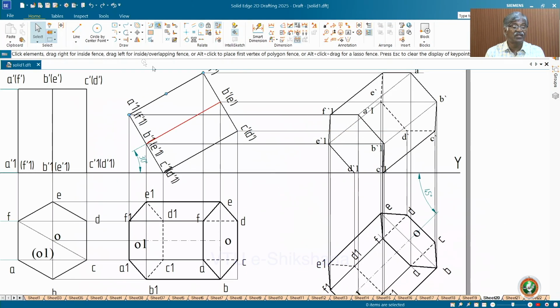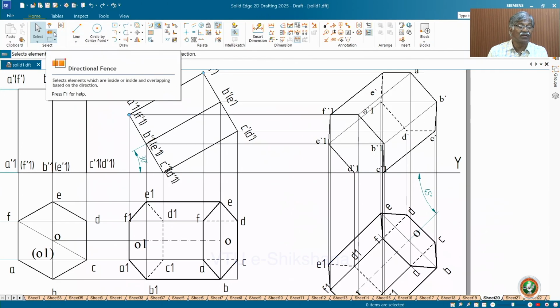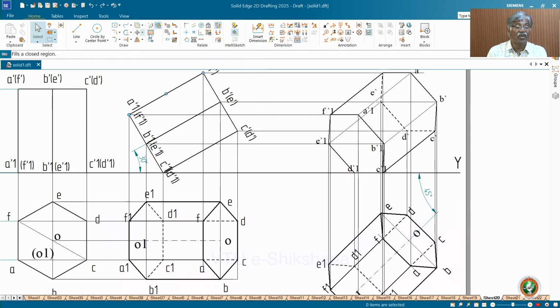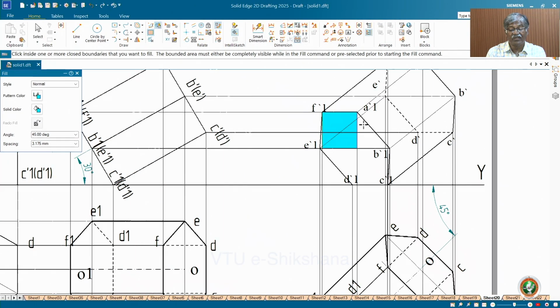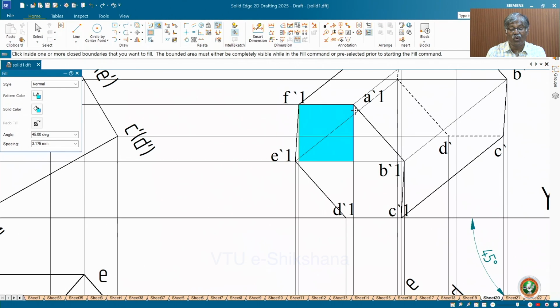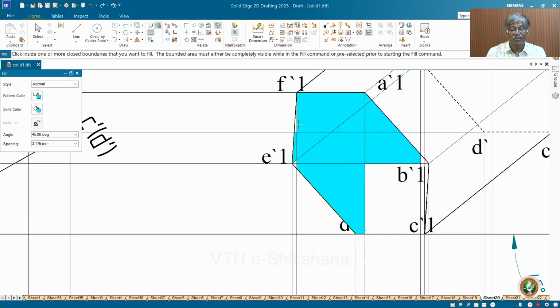I can even do that shading, for the last session also I did. Now let me take this opportunity to shade this with very light surface, if possible. Let us see, because it works for a boundary area, it never works.